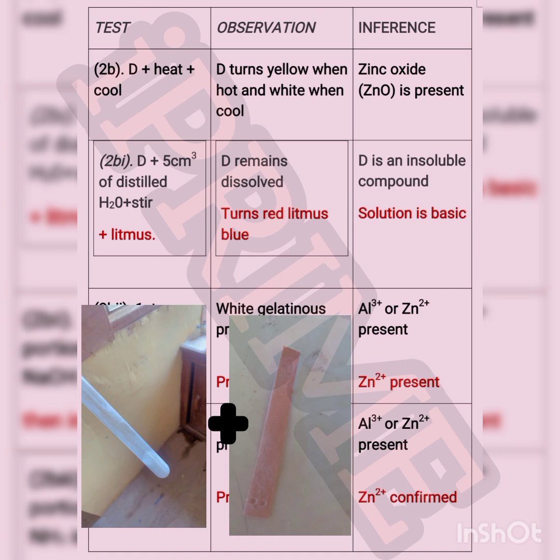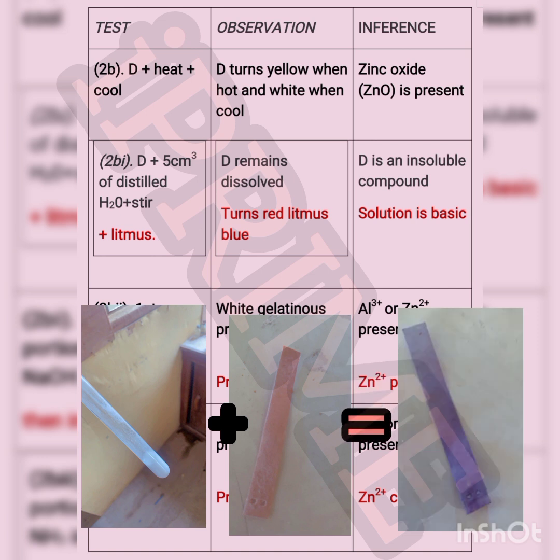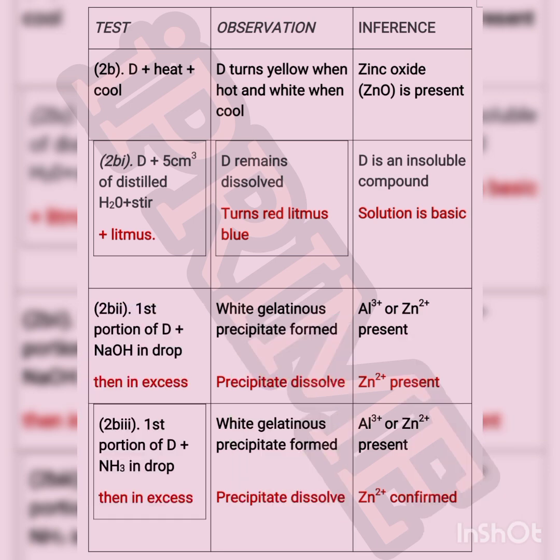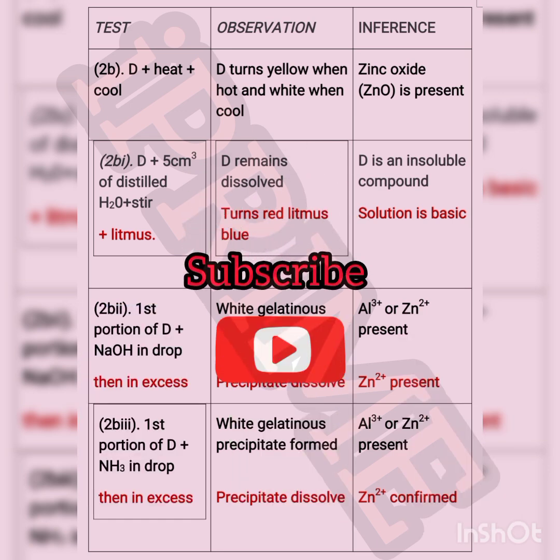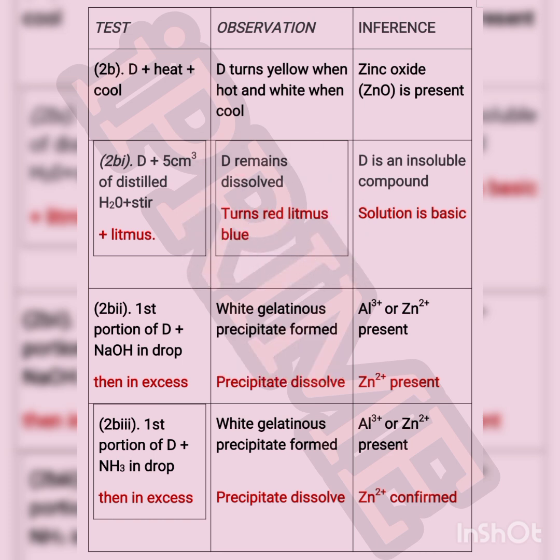On testing D with litmus, that's solution D plus litmus, under observation, red litmus paper turns blue. I'm sorry, red litmus paper turns blue. And the inference is that solution D is basic or alkaline.